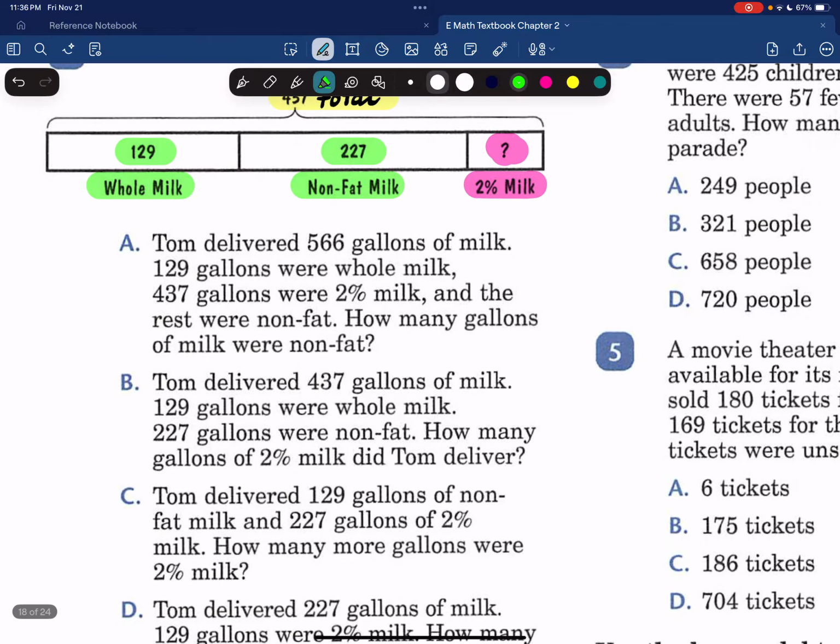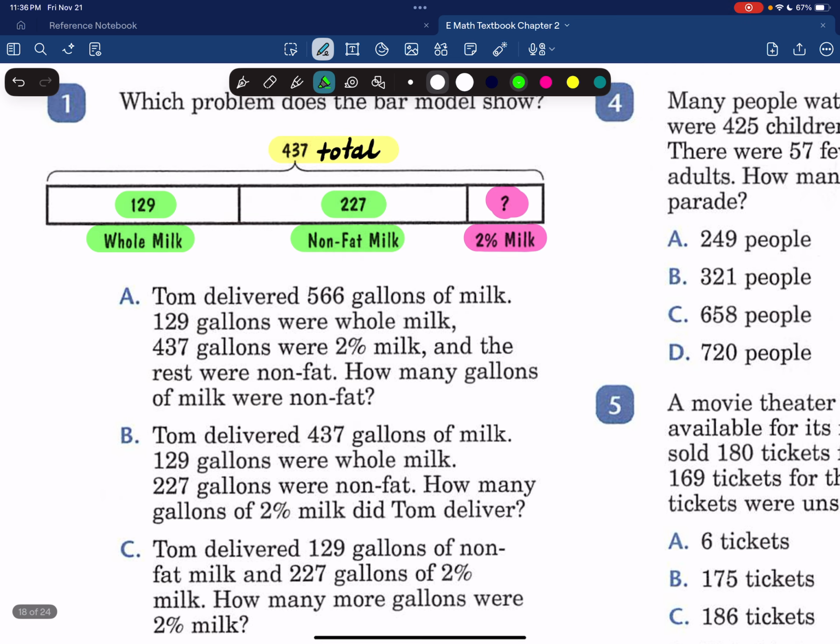Tom delivered 566 gallons of milk. That would be the total. 129 gallons were whole milk. 437 gallons were 2% milk, and the rest were non-fat. How many gallons of milk were non-fat?